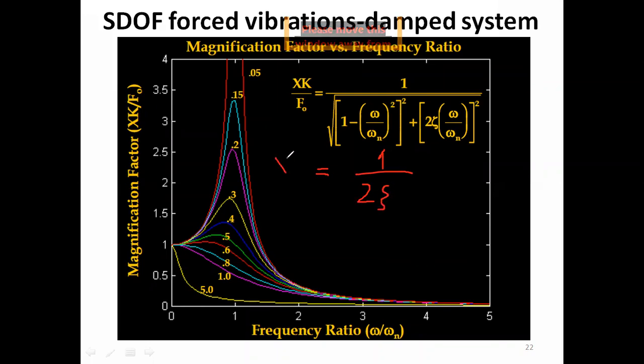So at resonance, the magnification only depends upon what? It depends upon zeta. So in order to decrease this magnification, you have to increase zeta, because zeta is in the denominator. If we increase zeta, that is the damping in the system, then the magnification at resonance would decrease.